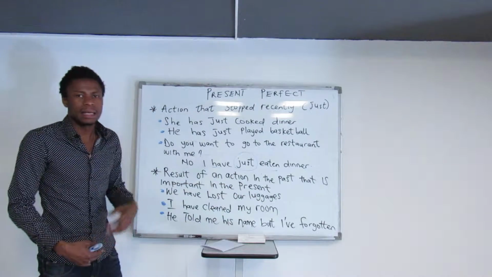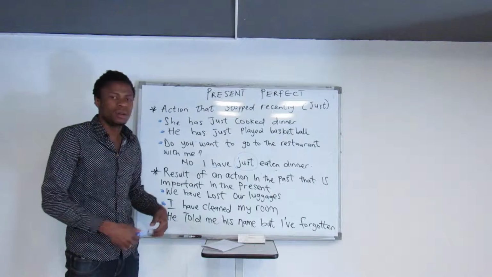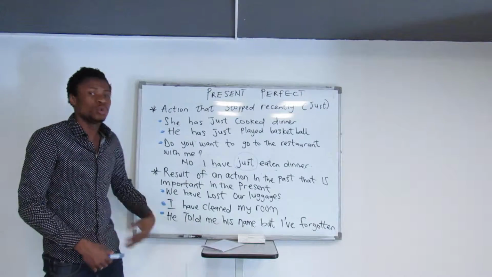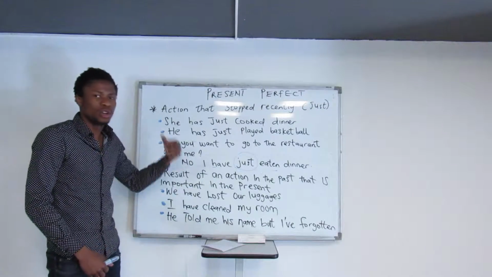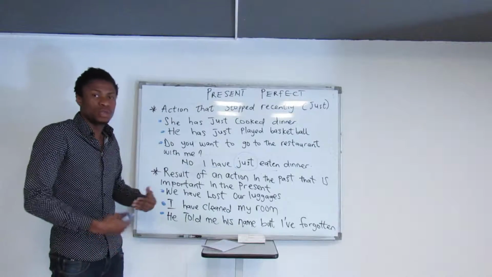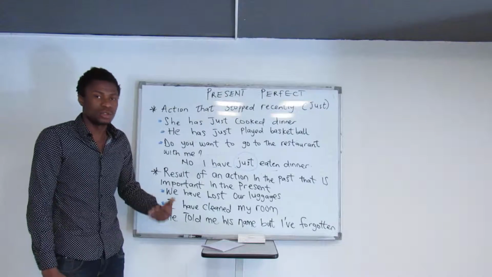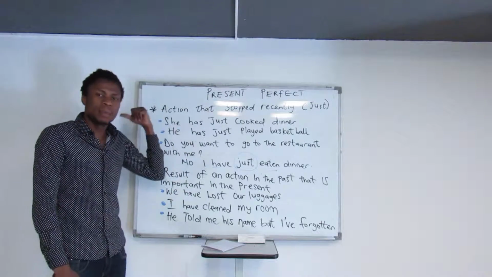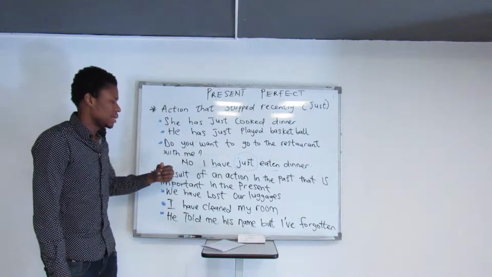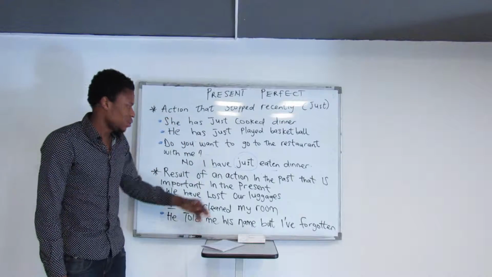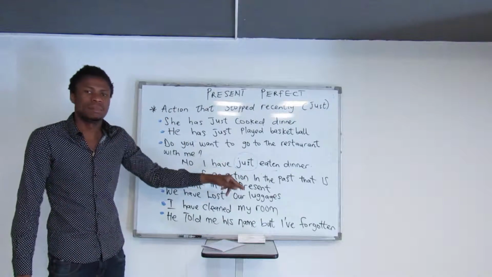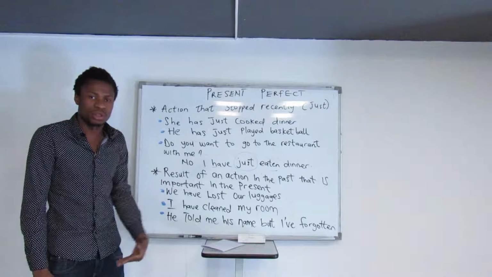It means you are at the airport and you cannot find your luggages, and now you are searching for them. So you lost your luggages in the past and now you still don't have them. You cannot find them. So it happened in the past, but it is important in the present. It means now you are still searching for it.